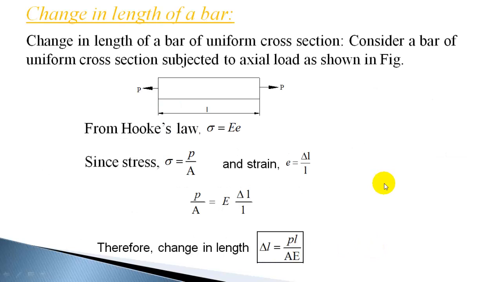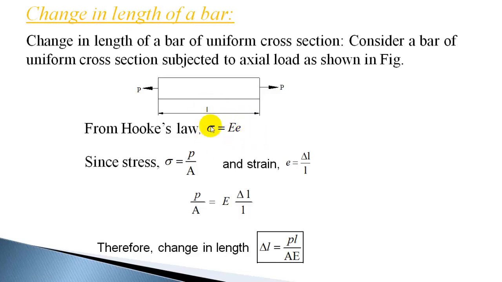Now you can measure the change in length of a bar of uniform cross section from Hooke's law. So let us consider a bar of uniform cross section subjected to an axial pull P. As long as the loading is within the elastic limit or proportional limit, you can apply Hooke's law and write sigma is equal to E times epsilon.